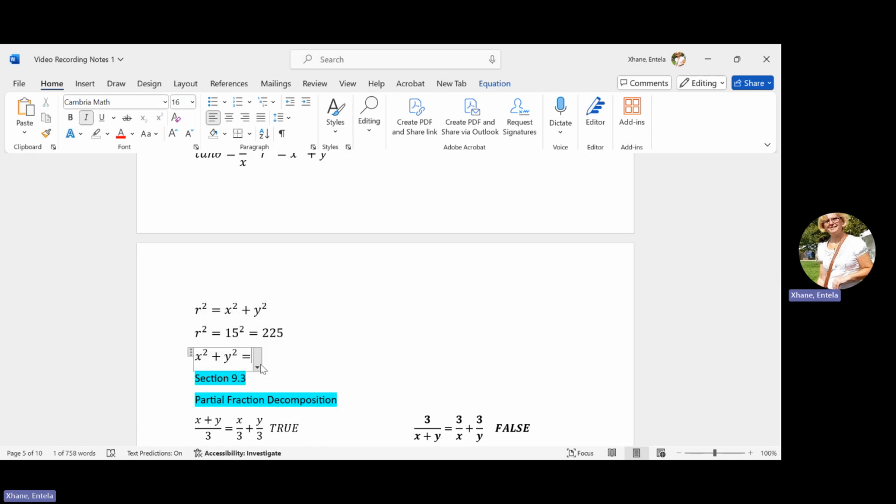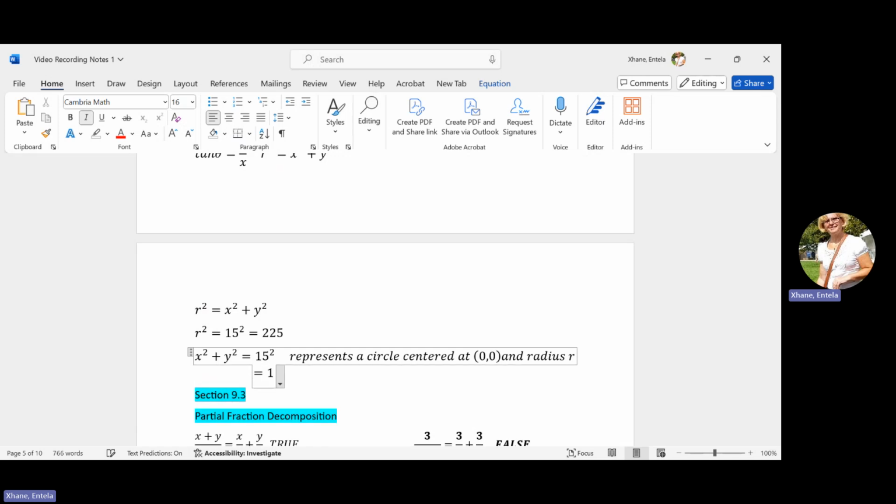And this is a pretty well recognized equation. This represents a circle centered at 0, 0, and radius r equals 15.